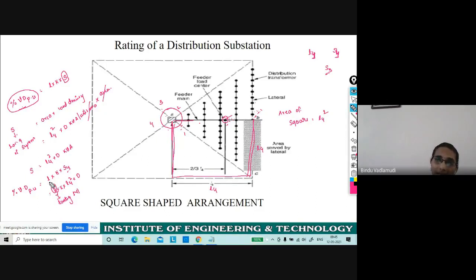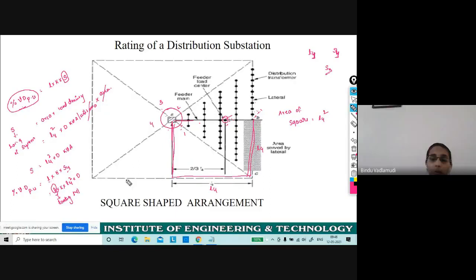The value of L is equal to L by 2 when the load is uniformly distributed, L by 3 if it is an increasing load, and 2L by 3 if it is a decreasing load. Did we discuss this point or not?